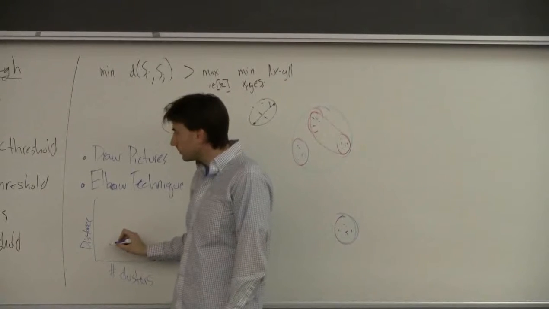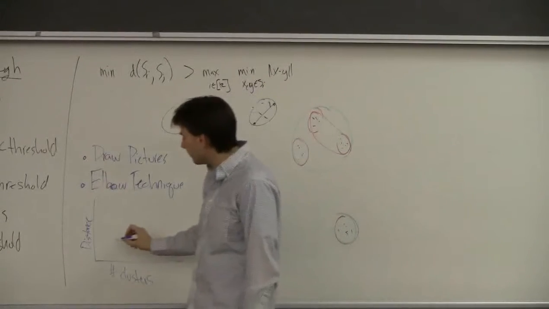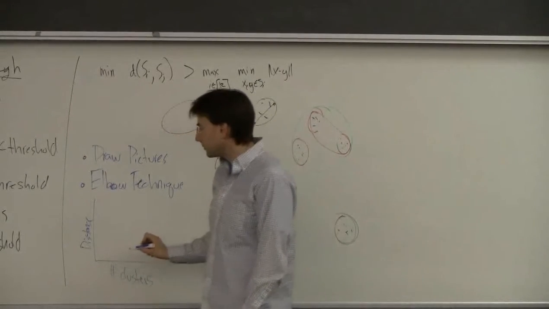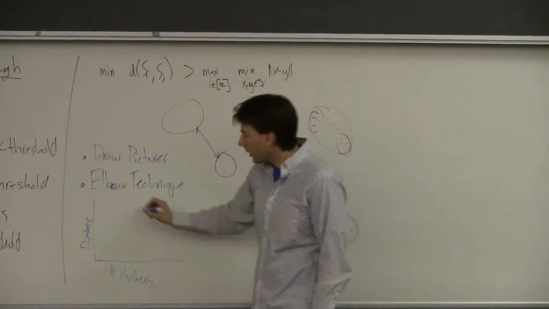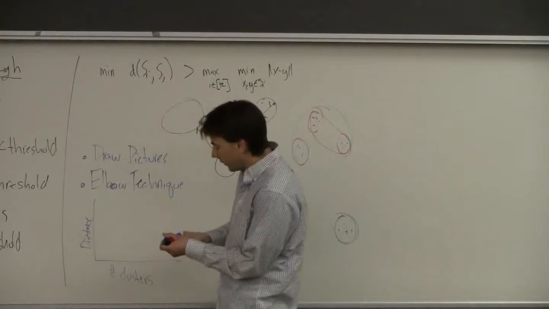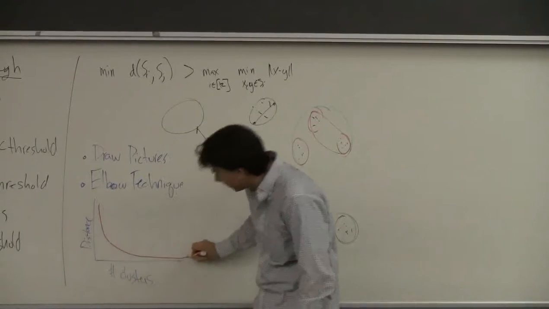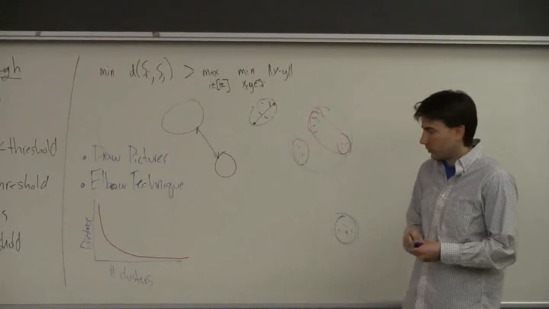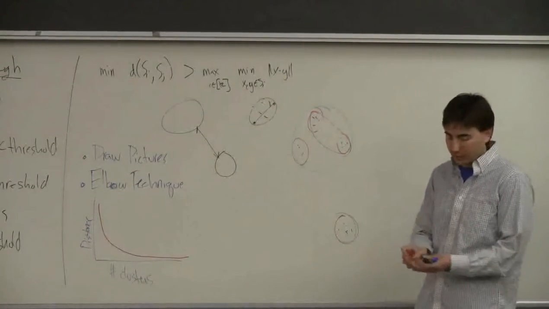What's going to happen depends on which way you do it, but as you have more and more clusters, you're going to get a plot that looks something like this.